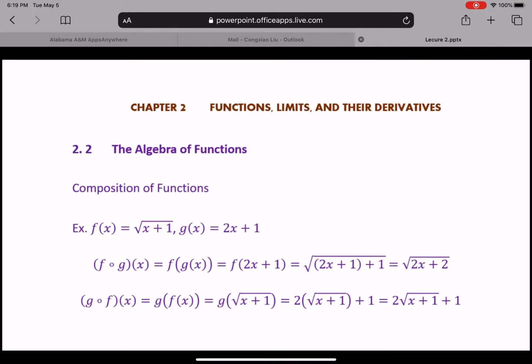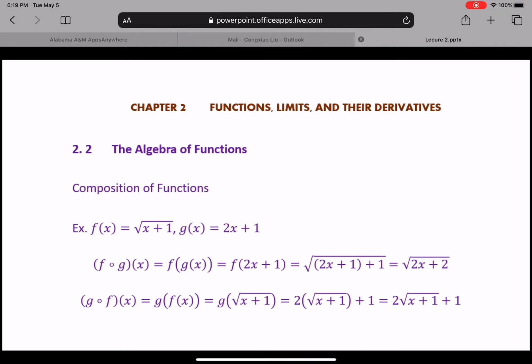That means we replace x in f by g, which is 2x plus 1. So we get the square root of 2x plus 1 plus 1, because we replace x in f by g. If we simplify the result, it gives us the square root of 2x plus 2.